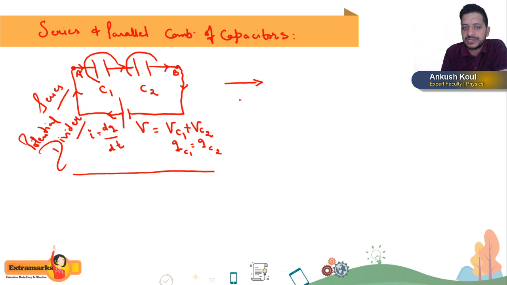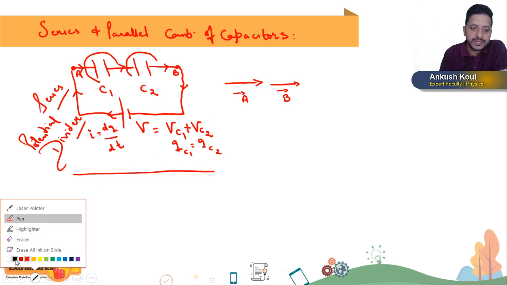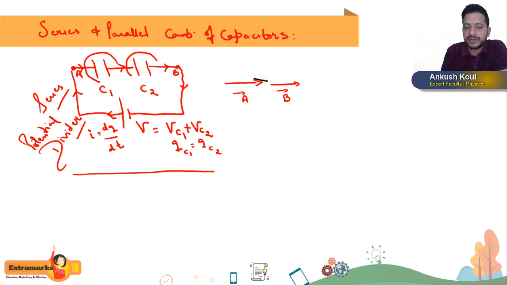You can consider two vectors, say vector A and another vector B. If these two vectors are connected such that the head of one vector is connected to the tail of another vector, and there is nothing else connected at this junction, that means I can consider this capacitor as one vector and this capacitor as another vector, and the head of this vector is connected to the tail of this vector, and there is nothing else at this junction.